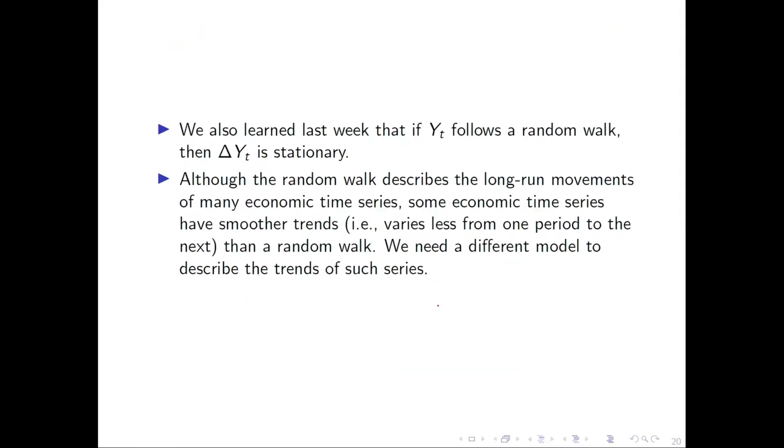So if yt follows a random walk, then delta yt is stationary, because we saw that in a random walk, beta naught plus beta 1, where beta 1 equals 1, times yt minus 1, plus u.